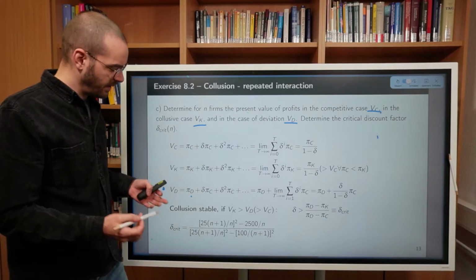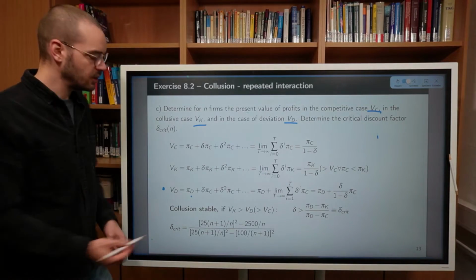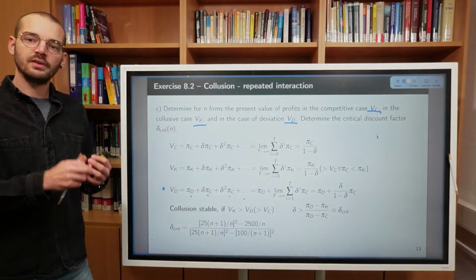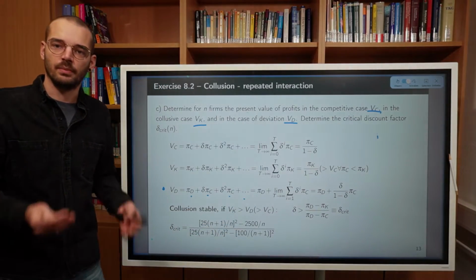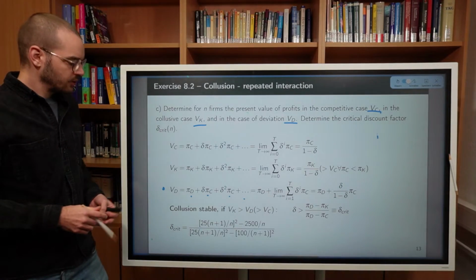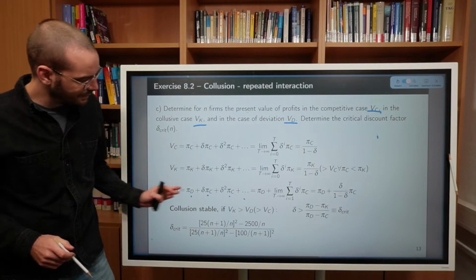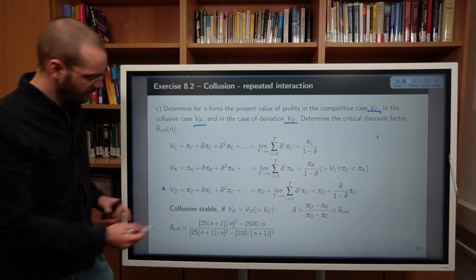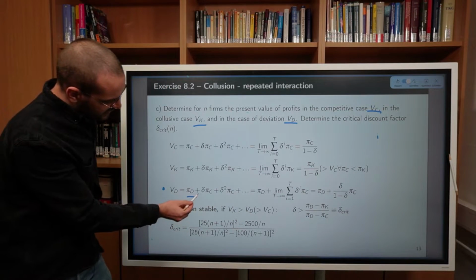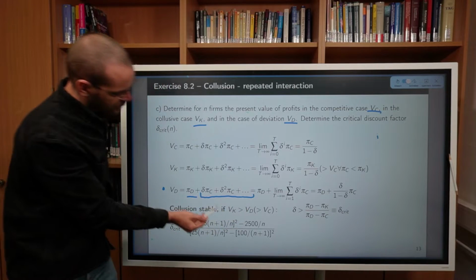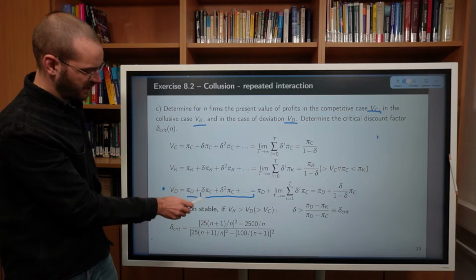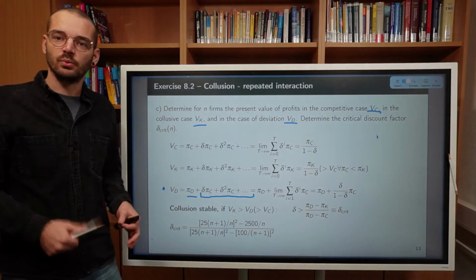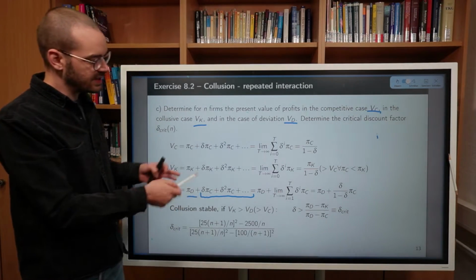And then, by the logic of the Grim trigger strategy, in each and every subsequent period, the firm is making the profits under competition. So what we will have here, if we sum this up, is pi d plus this geometric series, which is a function of the discount factor and pi c, starting with an exponent of 1, because it's starting in period i equals 1.